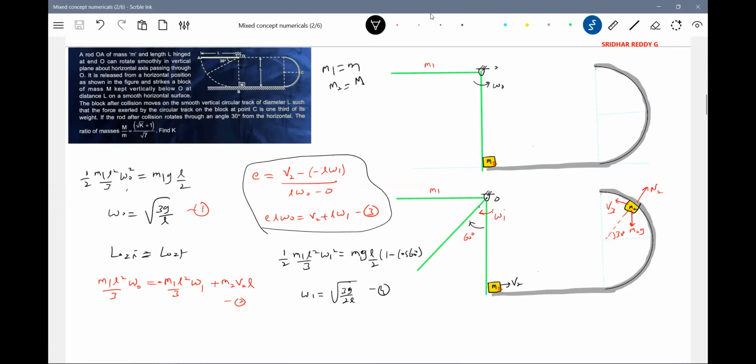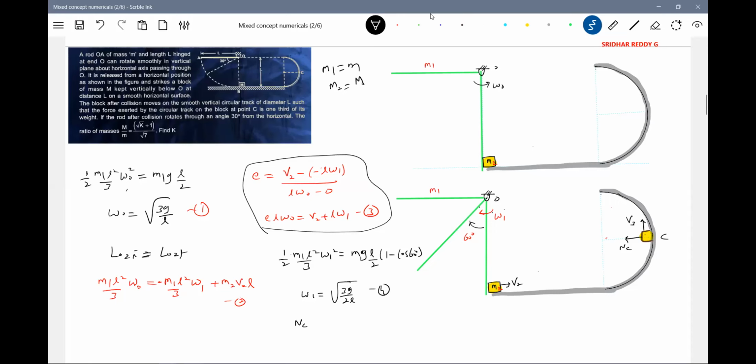Can we bring the v2 from here? Applying conservation of mechanical energy on the block at point C. Point C is here, and here it will exert a normal contact, which is equal to 1/3 of its weight.